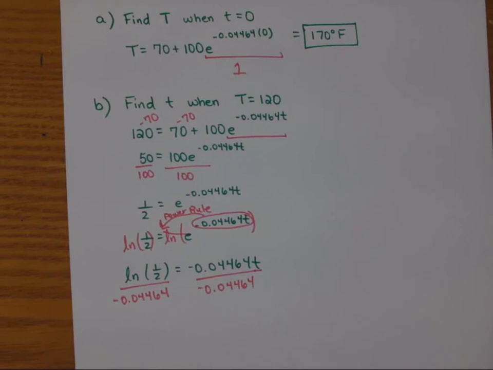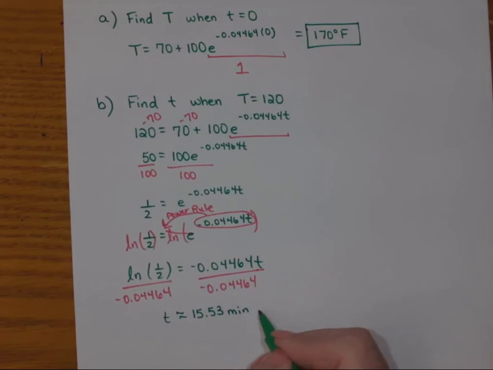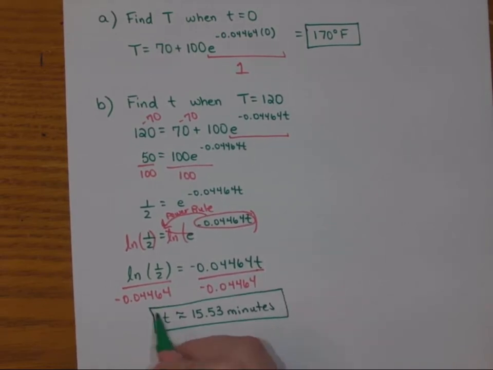Okay. So if you work that out in your calculator, it is approximately 15.53 minutes if we round to the nearest 2 decimal places. Okay, I don't think I really said what to round it to on the test. I will be specific about how many decimal places I want to round. But a good rule of thumb is to just always use 2 if you're not sure.